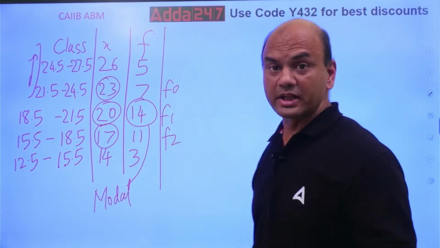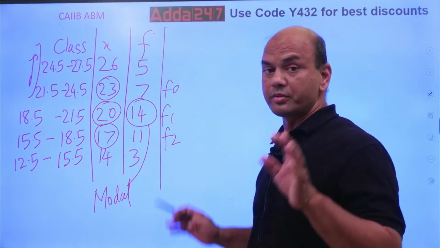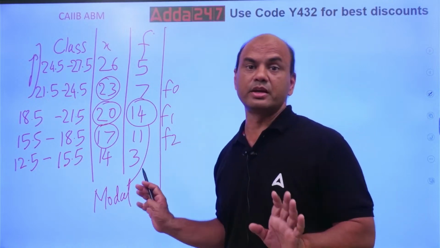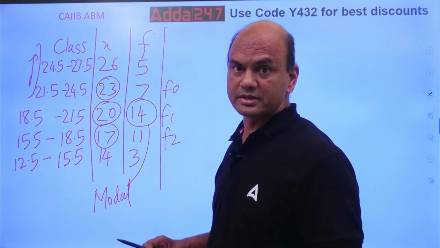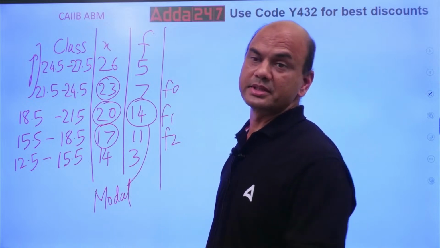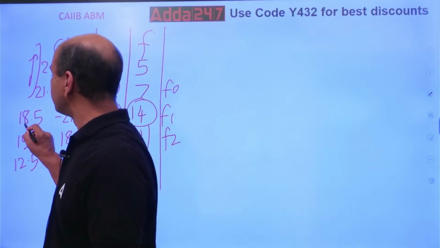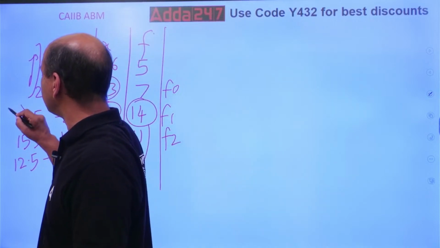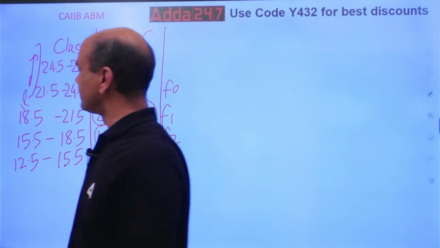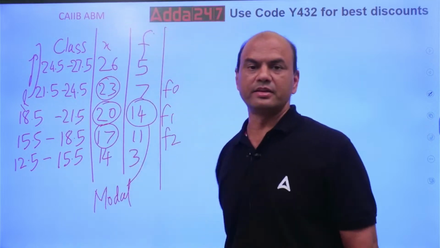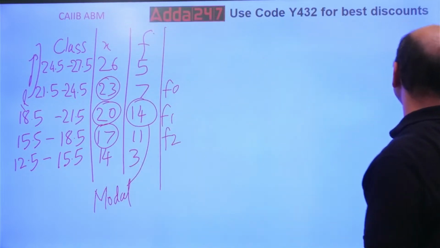Okay. So you have to use that now. You have to be very calm while solving this numerical. These are very big numericals and many times we can make mistakes. This part is L. So what was the formula?